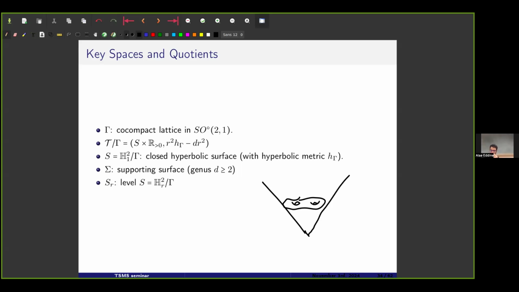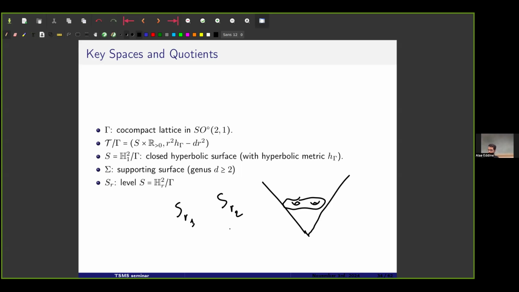If you assume that you have a hyperbolic metric on sigma and an isometric embedding inside this quotient space T mod gamma, since it is compact, it will be tangent to two levels, S_r1 and S_r2.